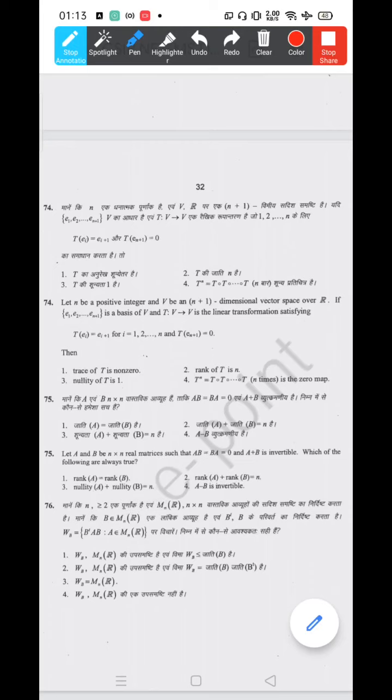Rank A equal to rank B. So which is always true? AB equal to BA equal to 0 and A plus B is invertible.